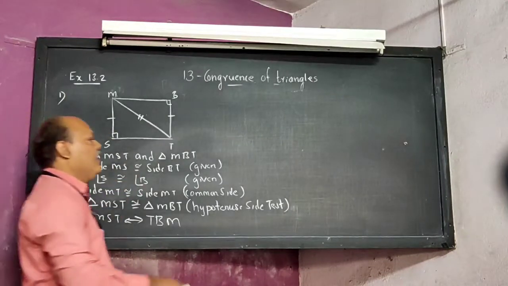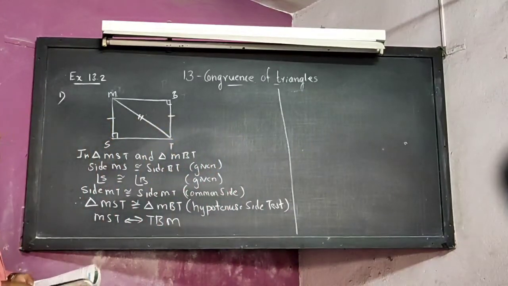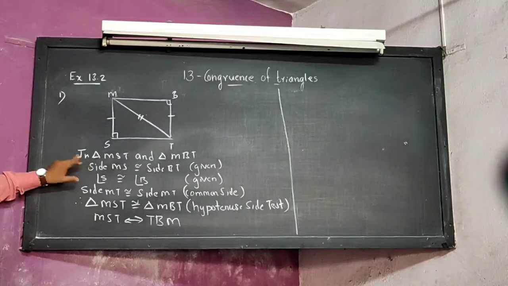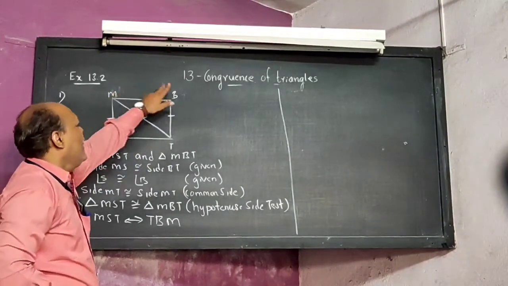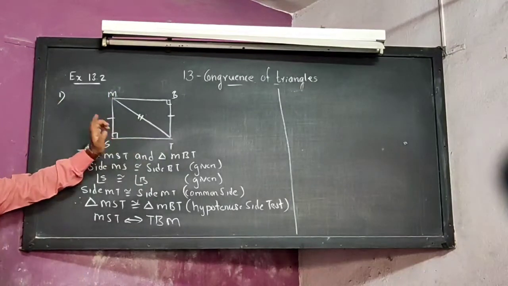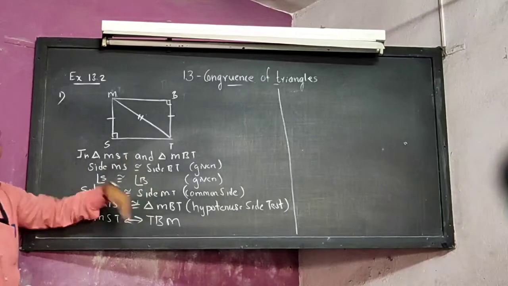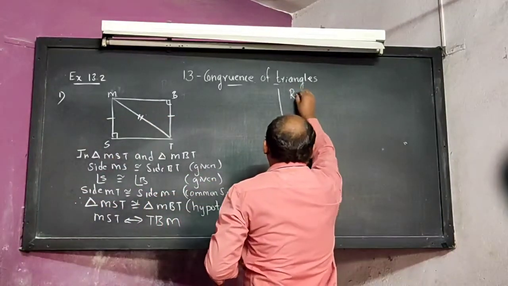That we call the remaining congruent parts. Already 2 sides I have written, so one side is left. That means ST is congruent to MB. That marking is not given to us, but when we say the triangles are congruent by a test, whatever the test is, after that we can write the remaining congruent parts.